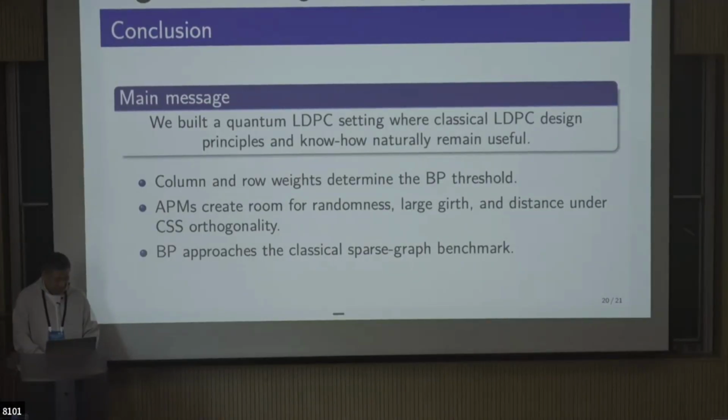Third, with joint BP and post-processing, the observed waterfall approaches the classical sparse benchmarks. So the answer is cautiously positive. We can keep the useful classical design principles if we impose only the orthogonality constraint we actually need. So that's all. Thank you for your attention.